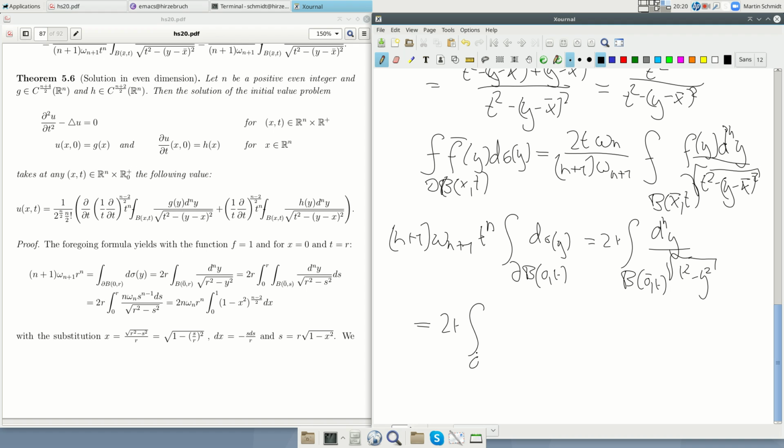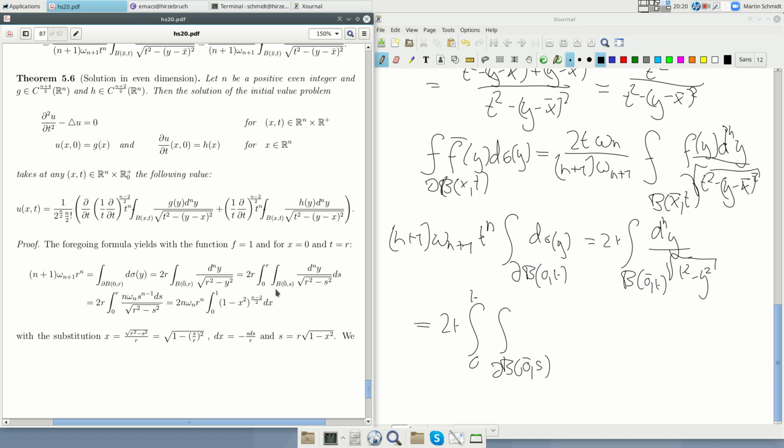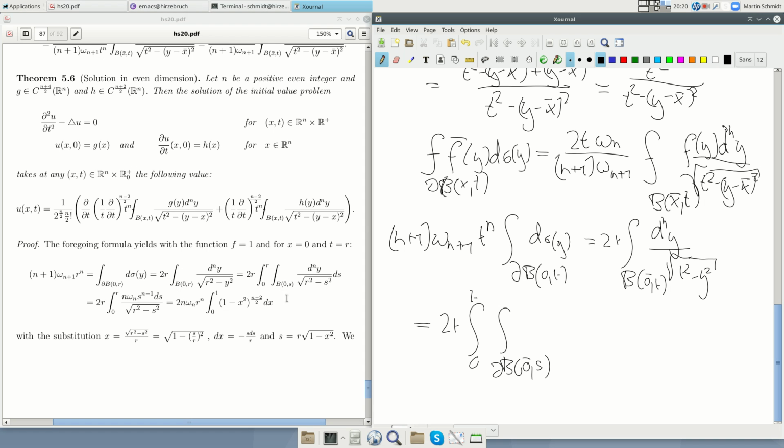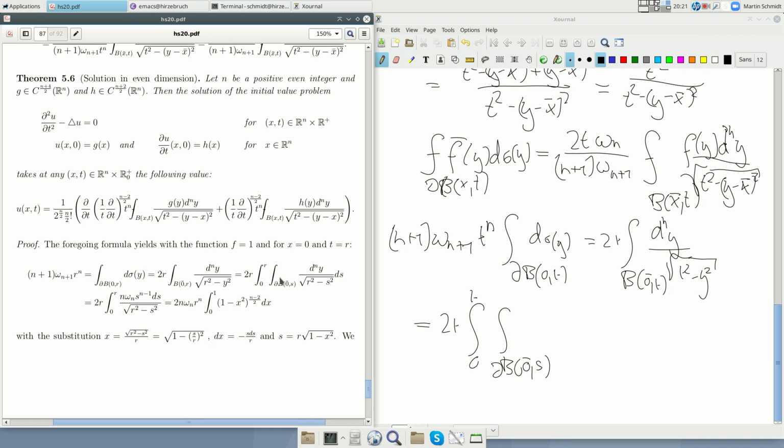2R integral from 0 to R, and now we integrate over the boundary of the balls. Here the boundary is again missing, because now we use polar coordinates, so let me correct this. Okay, now I corrected this.